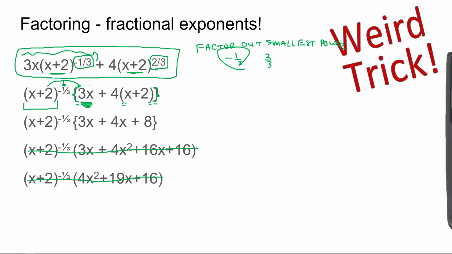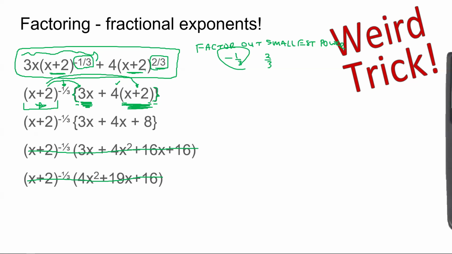All right. I did not pull a 4 out front over here. So I clearly need that 4. I did pull some x plus 2's out. I need something here times this stuff so that when I distribute, I end up with 2/3.